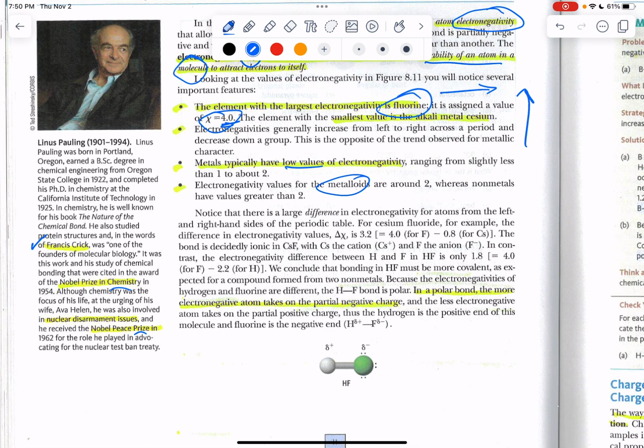And notice that there is a large difference in electronegativity for atoms in these trends. And we're also going to see that these are sort of average values because a lot of the electronegativity within a molecule depends upon what else is going on in that molecule as well.